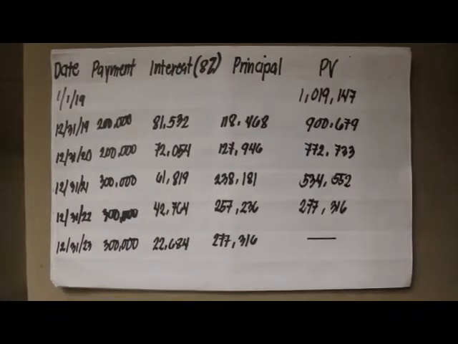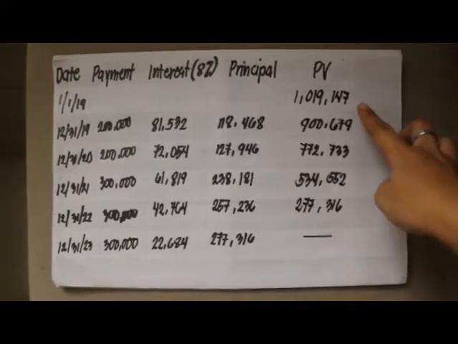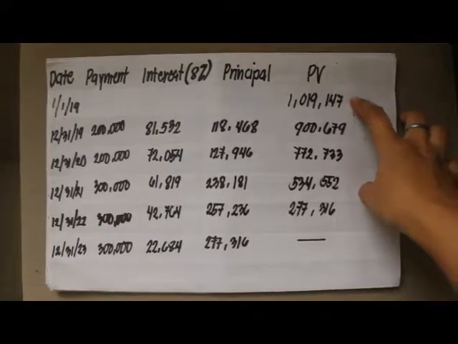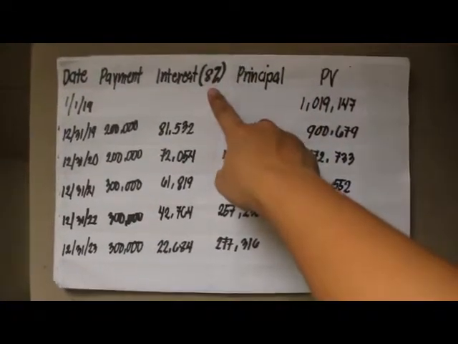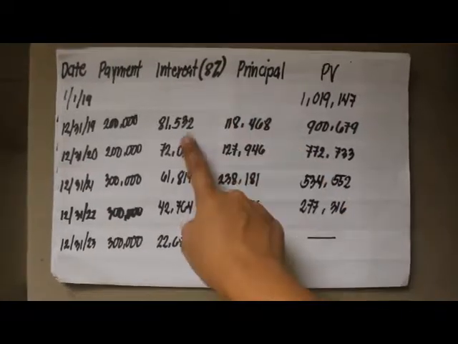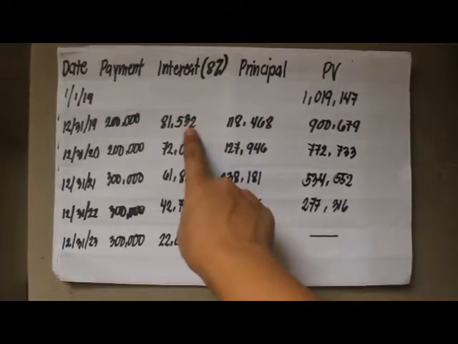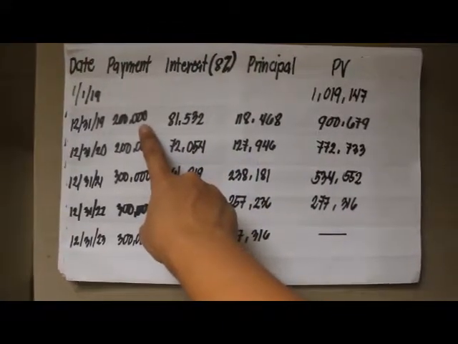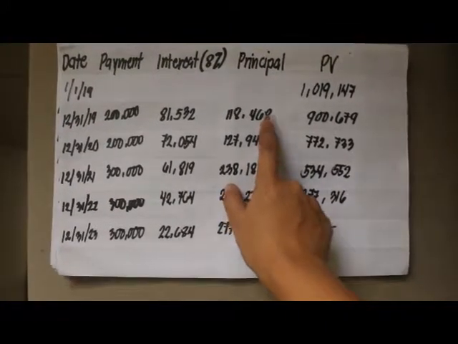Para sa step 2, amortization table, gamitin lang ang nakuhang present value ng lease liability na 1,019,147. I-multiply ito sa ating interest rate na 8% para makuha ang interest expense na 81,532. Again, minus lang din ito ulit sa ating annual payment na 200,000 para makuha ang principal amount ng lease liability na 118,468.